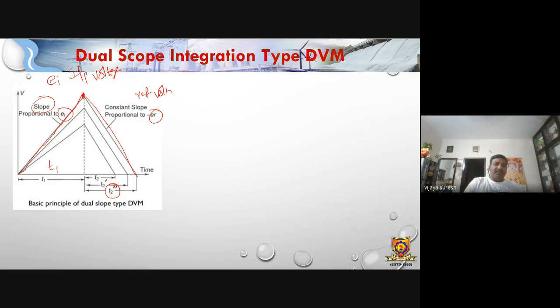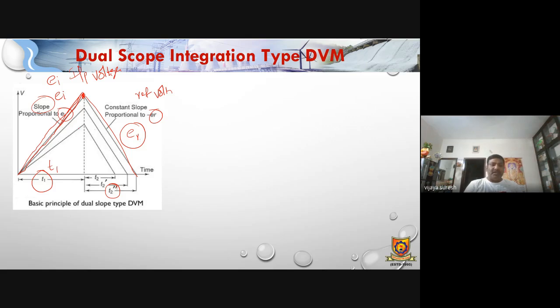The linearly increasing ramp signal is proportional to the input voltage ei, the unknown input voltage, and it will take t1 time. The discharging time, nothing but coming back to 0, uses er, the reference. So the slope is proportional to the reference voltage.